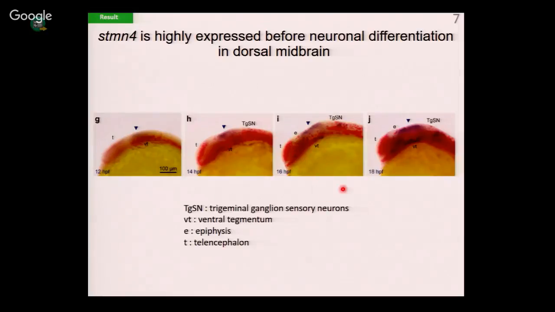But mature neurons were not observed in the dorsal midbrain region where Stathmin4 was expressed. The relationship between ELAVL3 and Stathmin4 is mutually exclusive. This supported the hypothesis that Stathmin4 could prohibit neuronal differentiation to maintain the neural progenitor cells in the dorsal midbrain. And now I'll let Wang Ming continue the presentation.